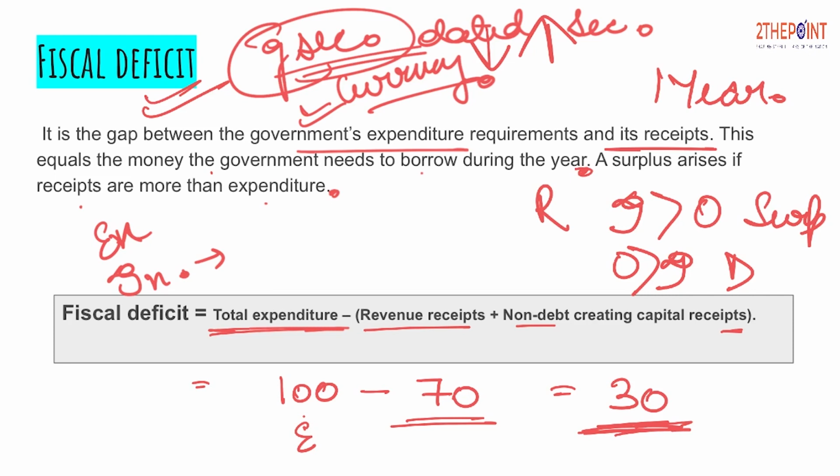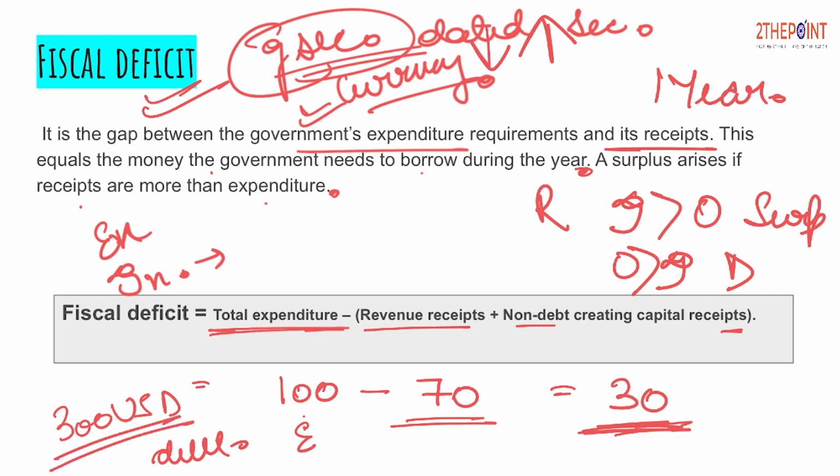Let's suppose I have taken a loan of 300 million US dollars from the Asian Development Bank. Now this is a capital receipt for us, but at the same time it is creating a debt for us because it's a loan and we have to repay it, right?